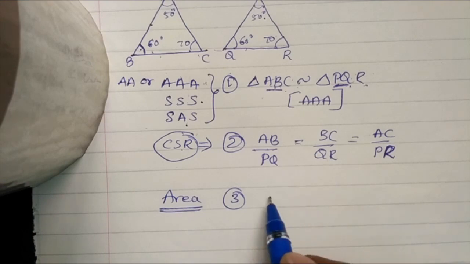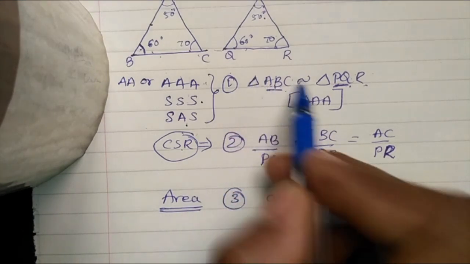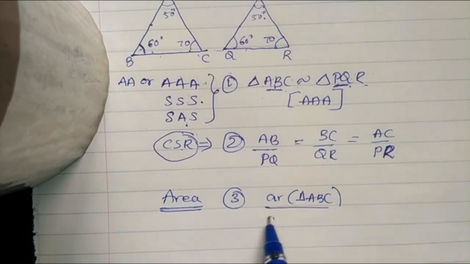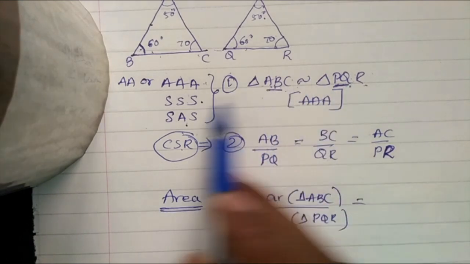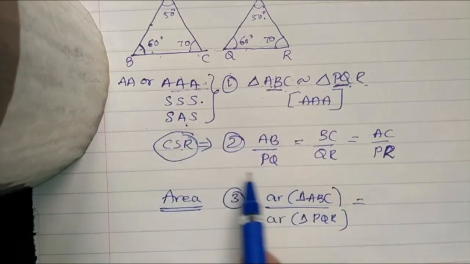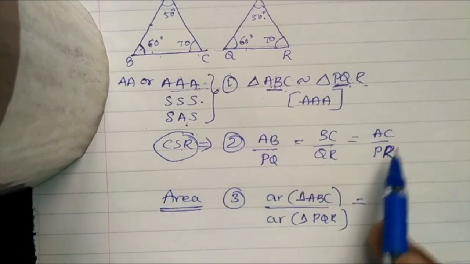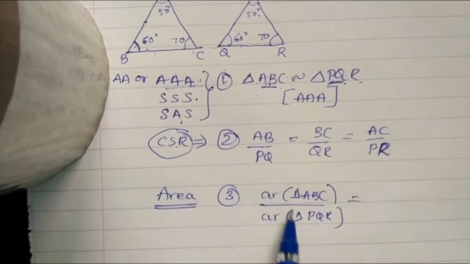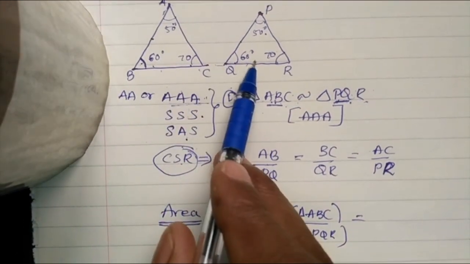When we go for area of triangle ABC by area of triangle PQR, these two triangles are equal by their angles. They are not equal by their sides, but their sides are in ratio. The third one is area wise they are not equal. How can they be equal area wise? One is a bigger and another is a smaller triangle.